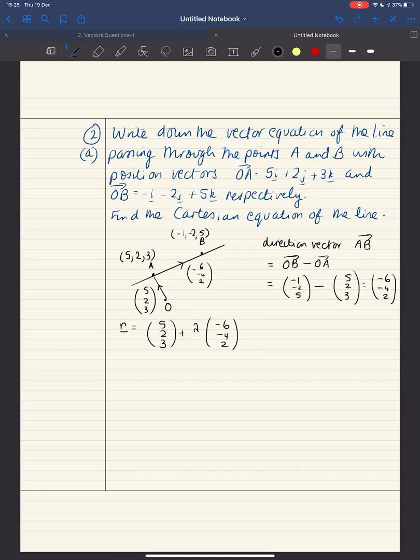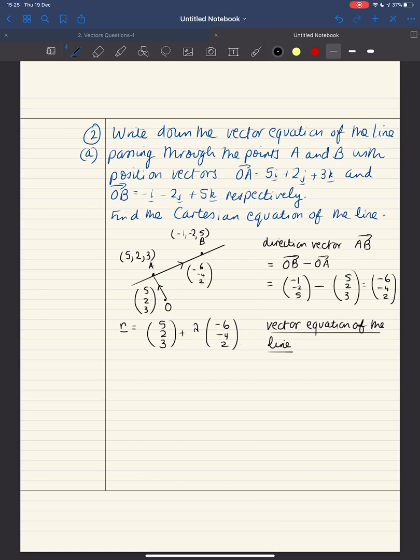Okay, so that's the vector equation of the line. It's here. Okay, and to get the Cartesian equation of the line, that means we eliminate the lambda.